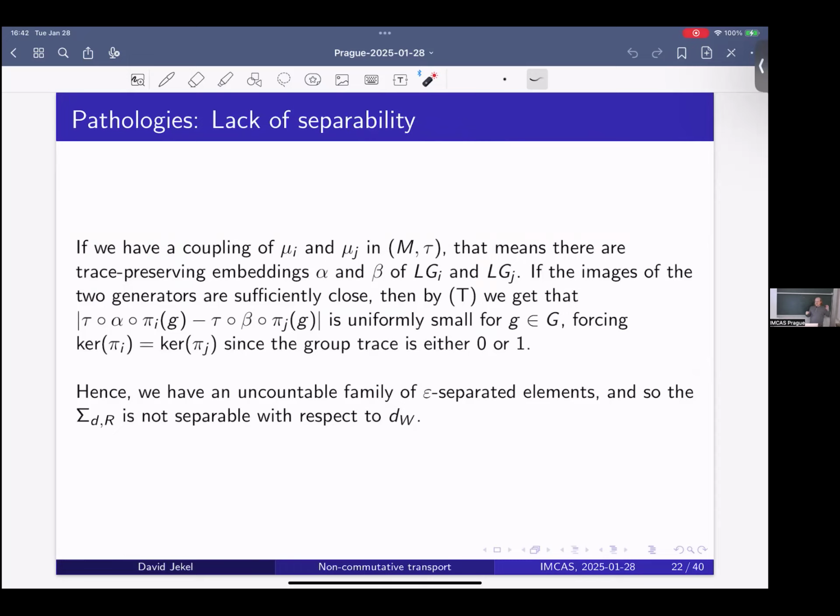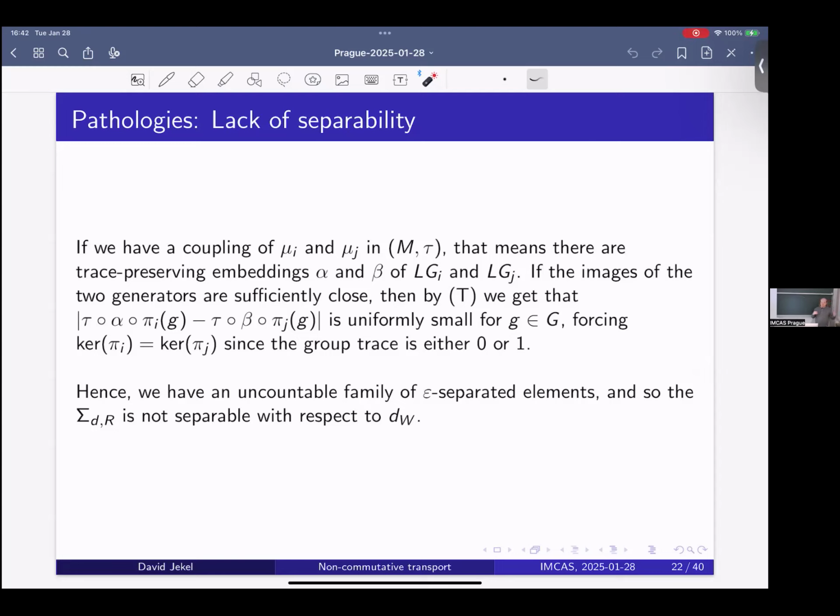And there are copies of the group von Neumann algebras in there, and if the images of the generators were sufficiently close, then you can use property T to argue that the traces of all group elements in the two different representations would be uniformly close together.